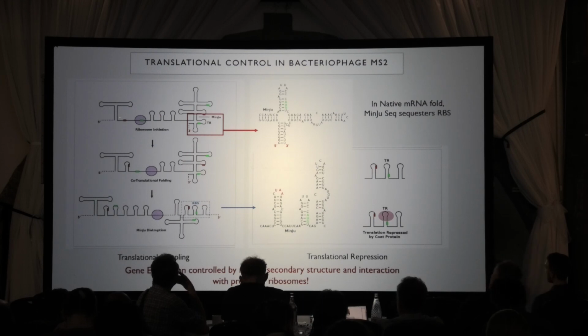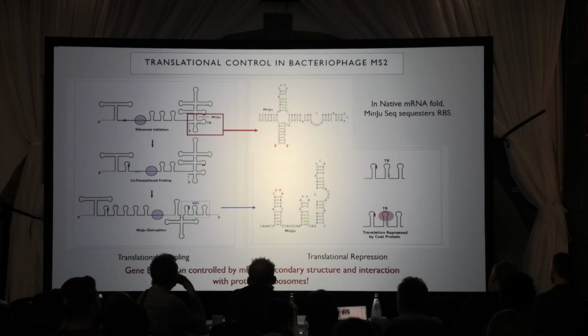The ribosome initiates on the coat protein start site and then starts translating. Then you get co-translational folding of the 5' end and melting of the 3' end, but eventually the ribosome encounters this sequence, and through melting of the RNA structure that opens up another binding site, which is predominantly single-stranded.